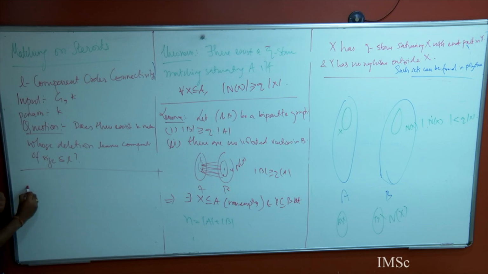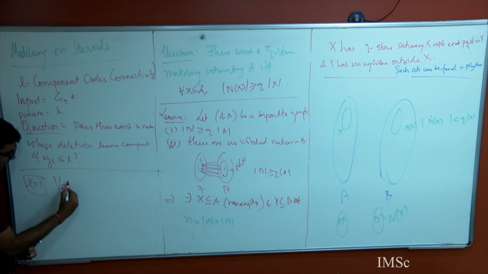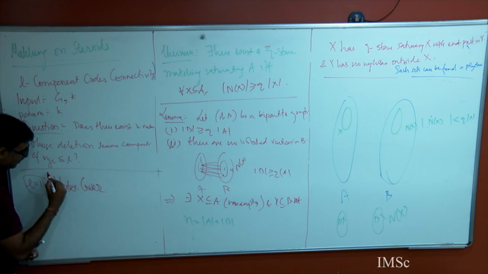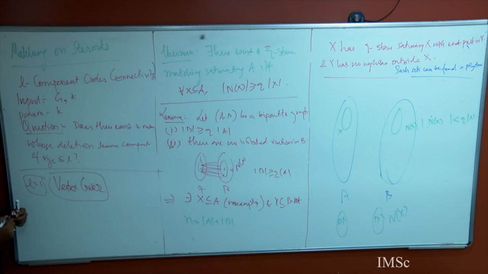So if I put L equal to 1, what problem is this? Right, because every connected component has size at most 1.